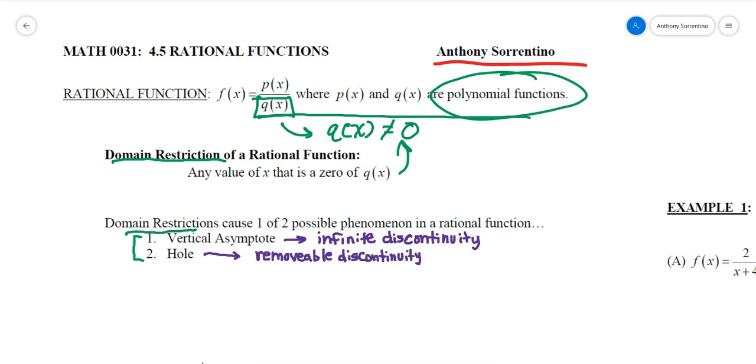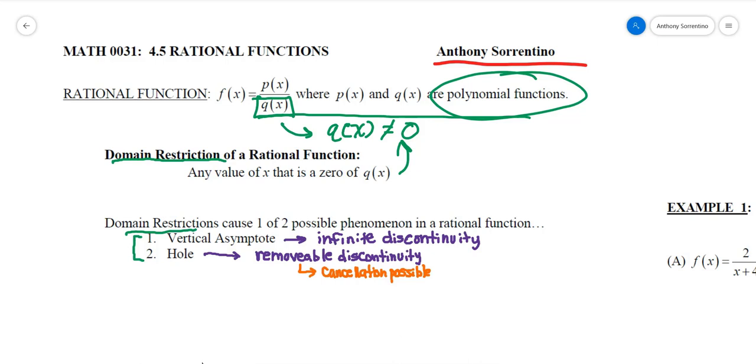The reason it's important to note this, more so for the hole, is because its name, removable discontinuity, lets us know whether or not we have a hole, because a removable discontinuity implies that we have a cancellation. A cancellation is possible that would simplify the function.